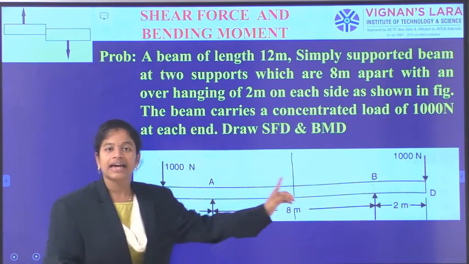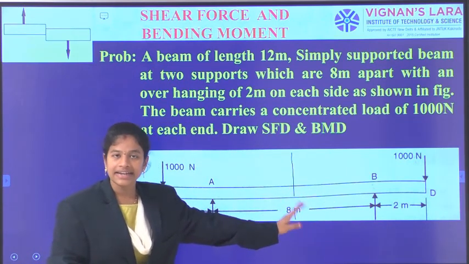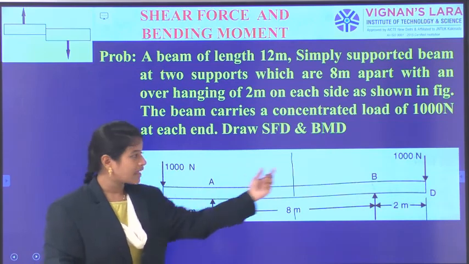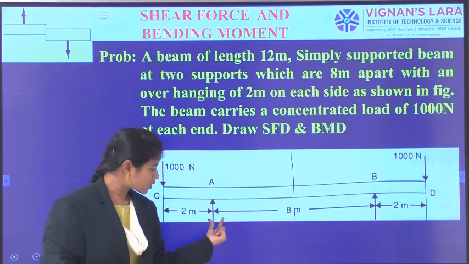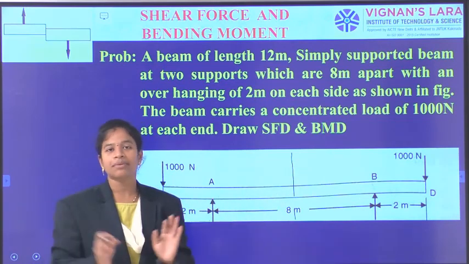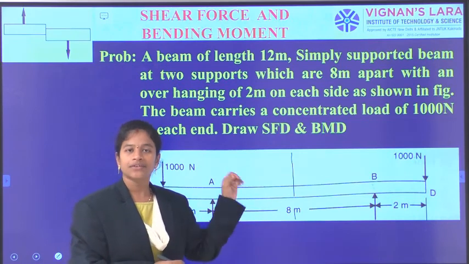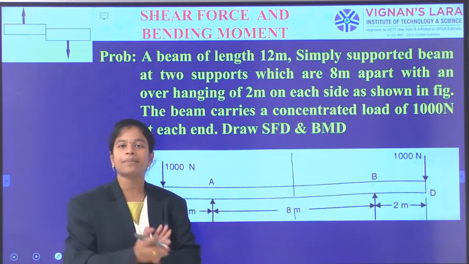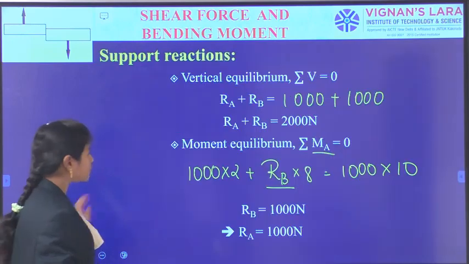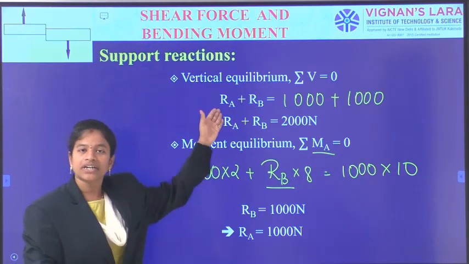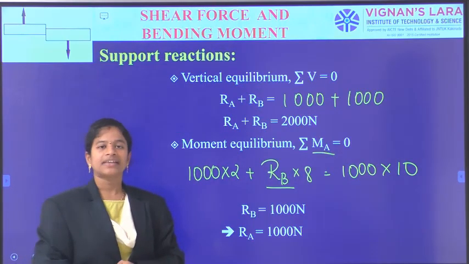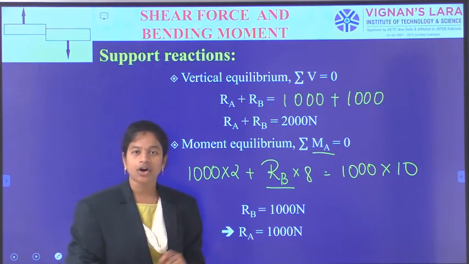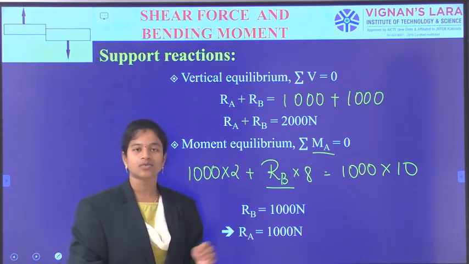RA and RB will be equal, each equal to half of the total load. As the total load is 2000, RA and RB will each be 2000 by 2. In this way also we can write. If the loading or the shape is unsymmetrical, we go with the calculation using vertical equilibrium and moment equilibrium. Okay, in the next class we will go into generation of the shear force and bending moment diagram for this overhanging beam.